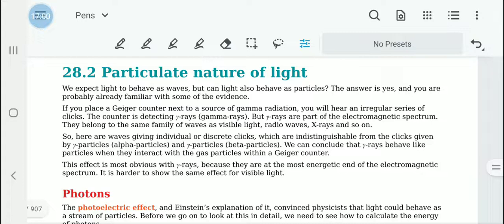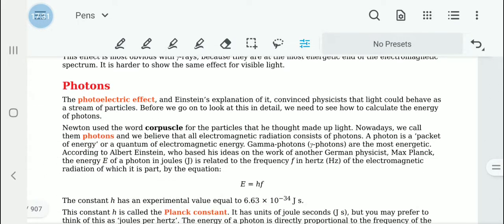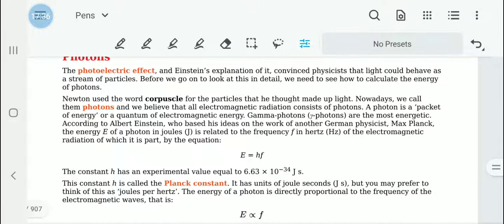As a result, we have to assume that gamma rays also behave like particles when they interact with the gas particles in the Geiger counter. This is very clearly seen with gamma rays because they are at the most energetic part of the electromagnetic spectrum. With visible light, we cannot show it as easily as that.